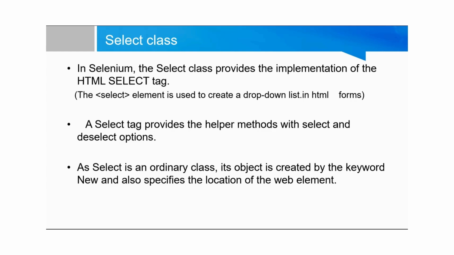Now the form is an HTML element, and when you are going to select any value from a drop down, there is a select tag, which is also an HTML select tag. But when you are going to test that drop down value in Selenium, the Select class provides the implementation of that HTML select tag.